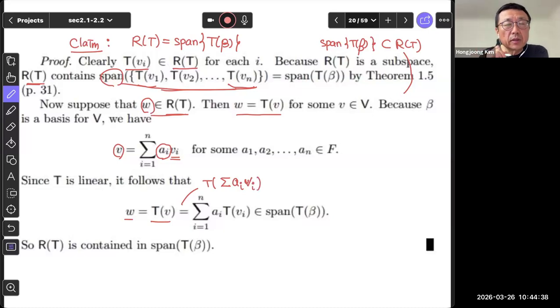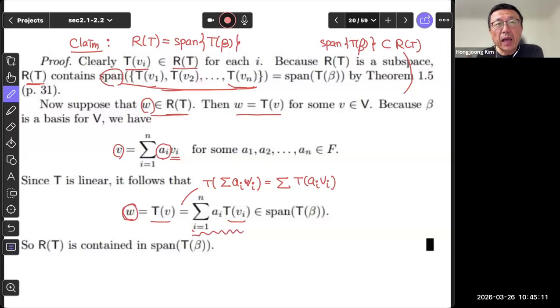Since T is linear, I can split this mapping as the sum of these. So that is the sum of T of a_i Vi, and a_i can be multiplied after you consider T of Vi. So that means any vector in the range can be expressed in this form.